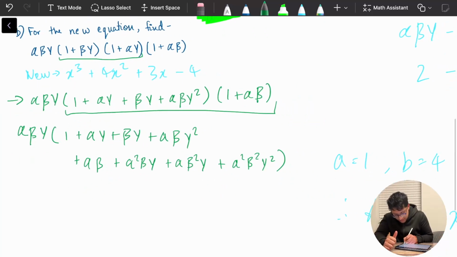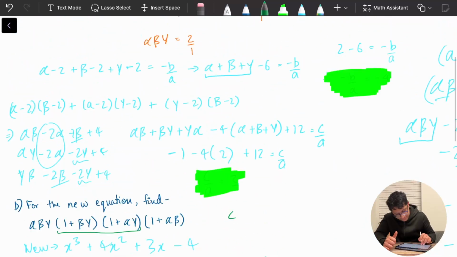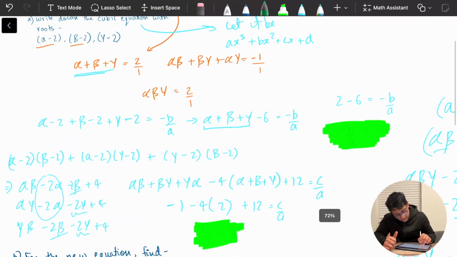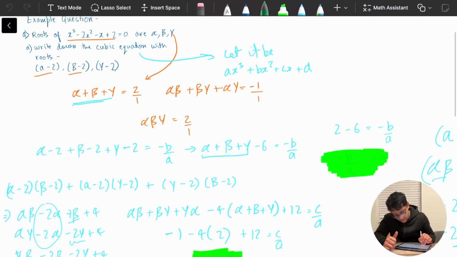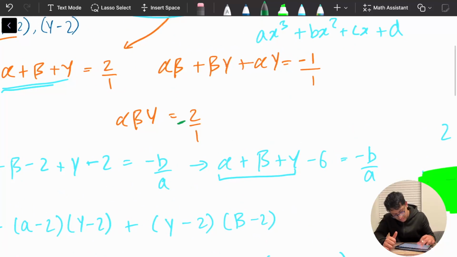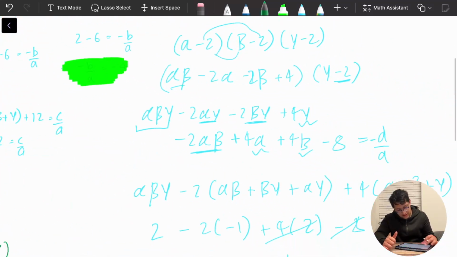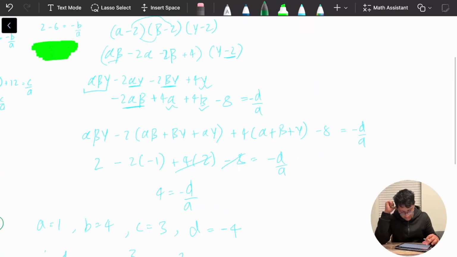Okay, so now if you've seen the pattern already, right? Outside the brackets we have alpha beta gamma, which we already know, right? Alpha beta gamma is minus d by a. Did I do that? Oh, this is minus 2. I messed up in the first one, right?